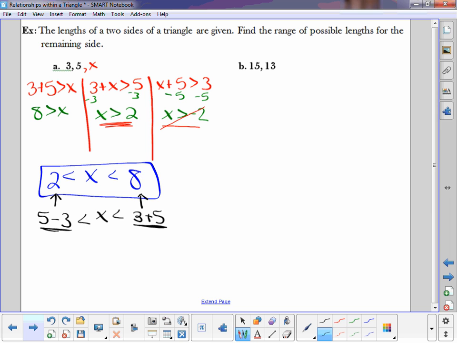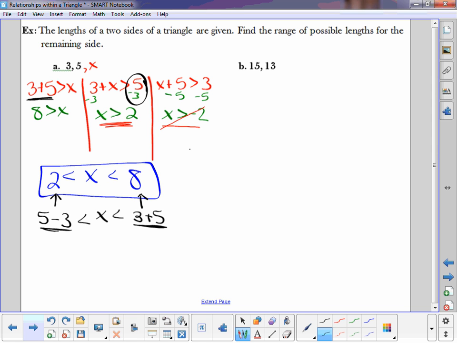The sum and the difference of those two sides. Now please, when you do your difference, do bigger minus smaller, so we have a positive value here. We talked about how the negative's already taken care of. But that's actually a shortcut for us. Rather than having to check all 3 situations, we know this last one is going to give me something that's already been overridden. And if we look here, this is just simply 3 plus 5, and here it's 5 minus 3. Okay, so that is a shortcut for us.